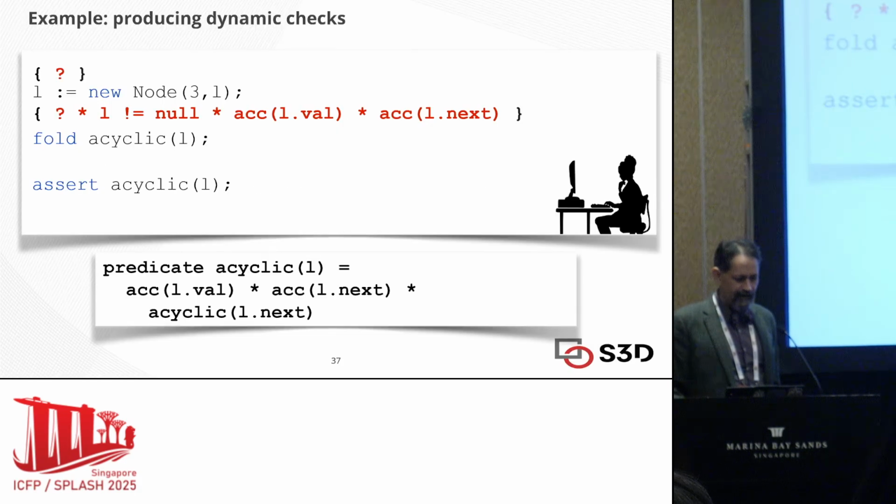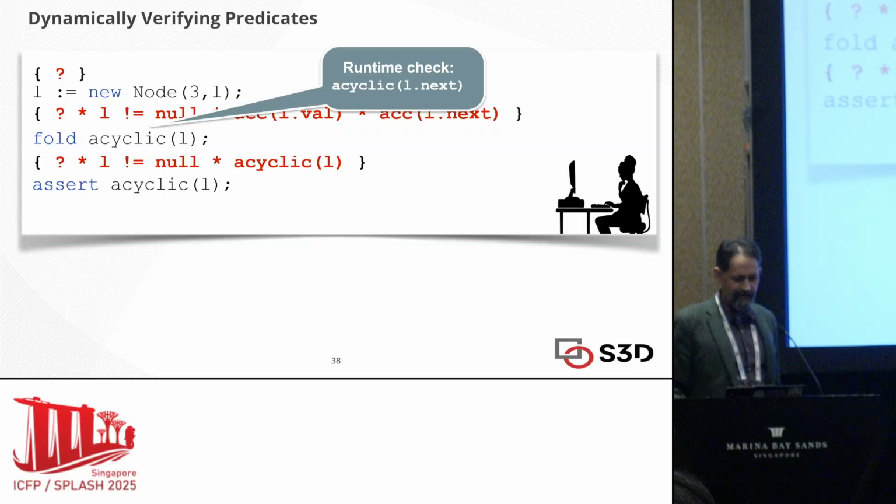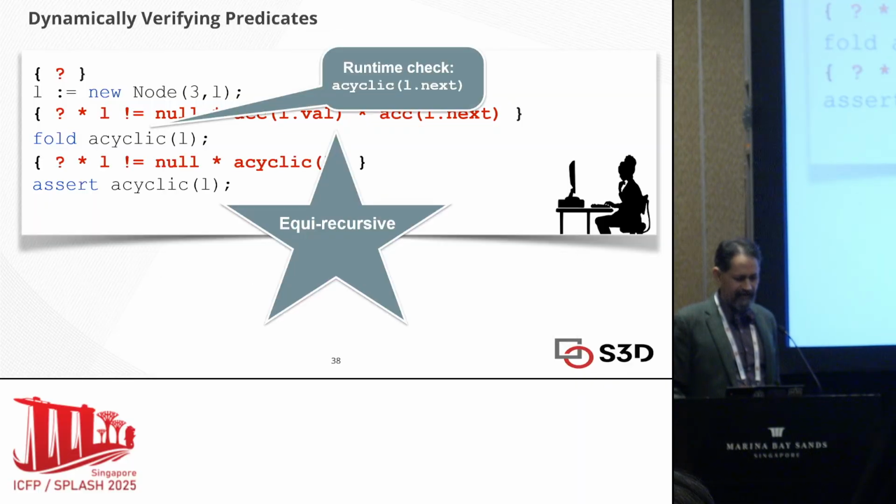I guess I have some slides on producing dynamic checks, but I kind of talked about that, right? This is the part we know statically. We're trying to get acyclic, and so we do a dynamic check on the acyclic of L.next. There's an interesting theory issue here, which is that our dynamic checks are what's called equi-recursive.